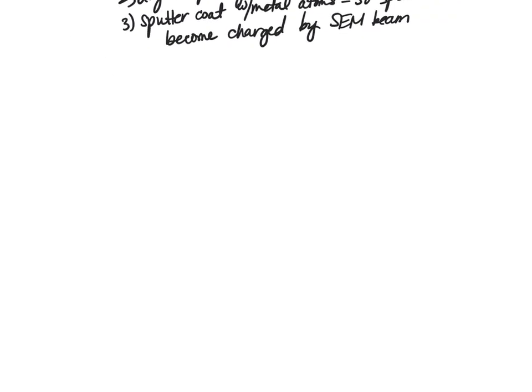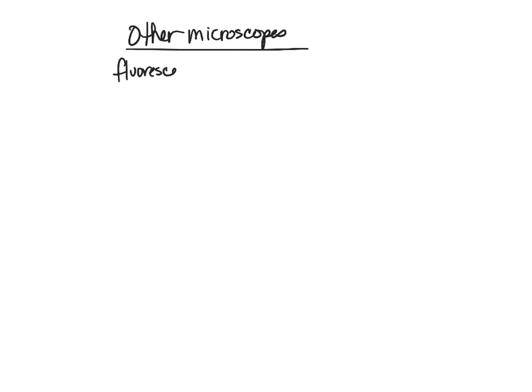All right, so then lastly, just kind of generally, we're going to say preparation for other microscopes. So all of the other microscopes that we had mentioned in the previous section, like fluorescence, confocal, these are prepared similar to light microscopes, similar to light microscope stains.